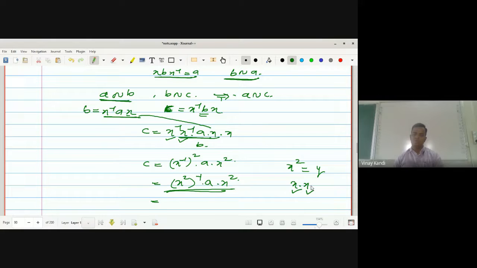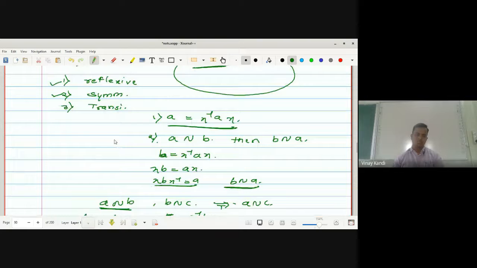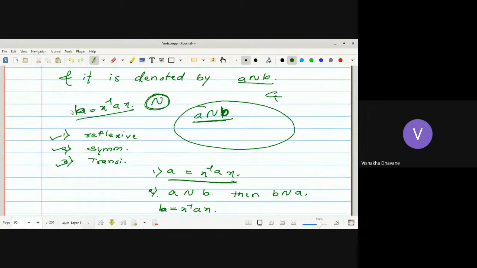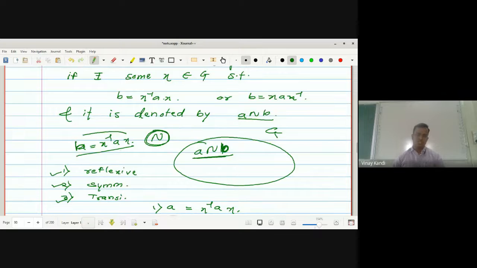G is a group, so it is closed under the binary operation, so x into x is equal to y, and this y belongs to G. So this is y inverse a y. So a is related to c. That means the transitive property also holds. Is it correct? Yes. So the conjugation relation is an equivalence relation on any group G.